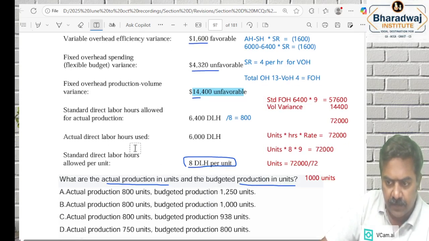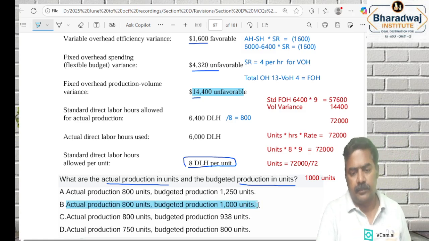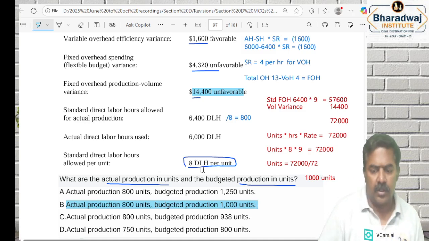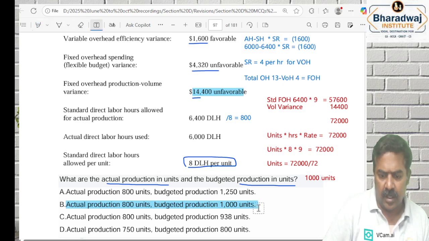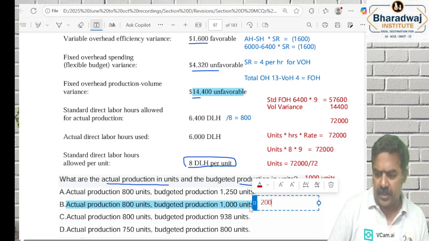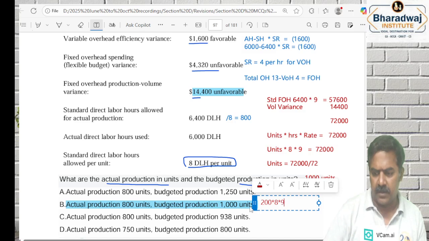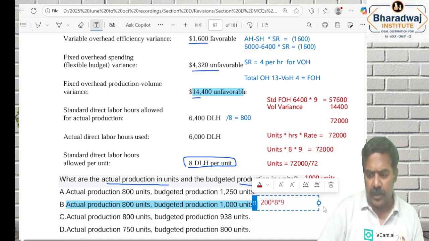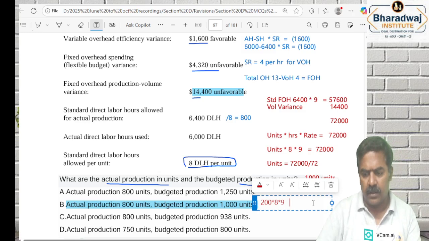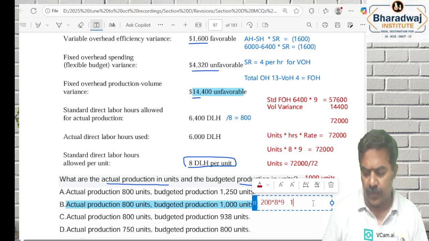What is the correct answer? You can cross check also. How many units variance? 200 units variance into how many hours? 8 hours into 9 rupees. Apply and see: production volume variance, are we getting 14,400?